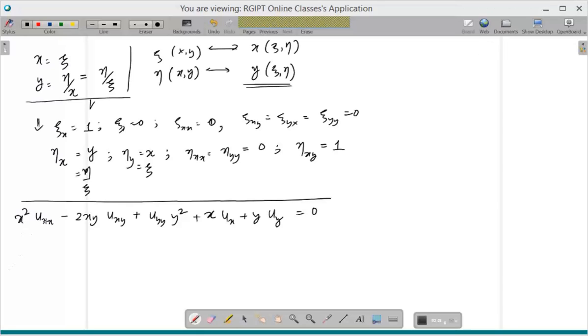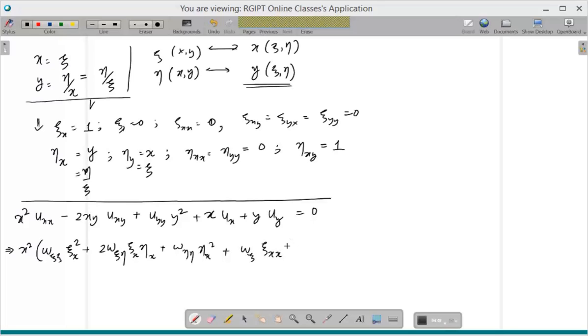Now I remember uxx had a particular form, which was w zeta zeta zeta x square plus 2w zeta eta zeta x eta x plus w eta eta eta x square plus w zeta zeta xx plus w eta eta xx.